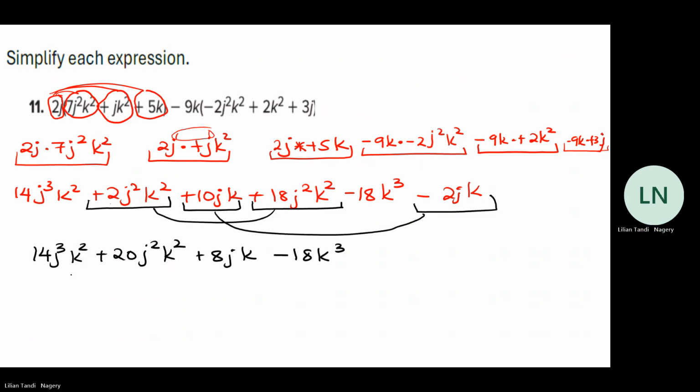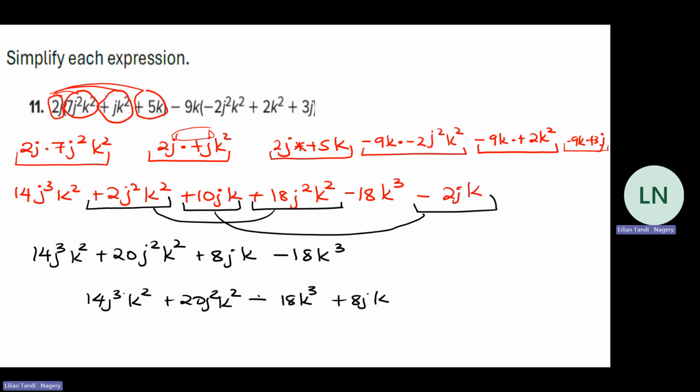So this is 5, this is 4, then 3. So write your answer. 14j cubed k squared plus 20j squared k squared minus 18k cubed plus 8jk.